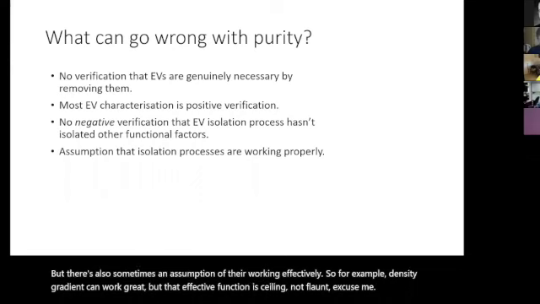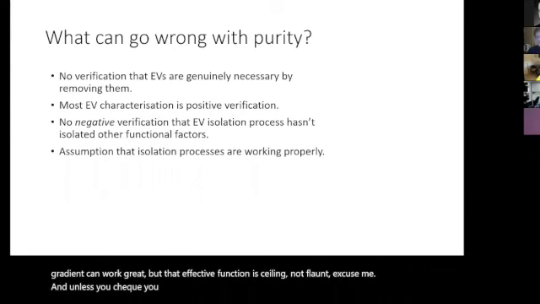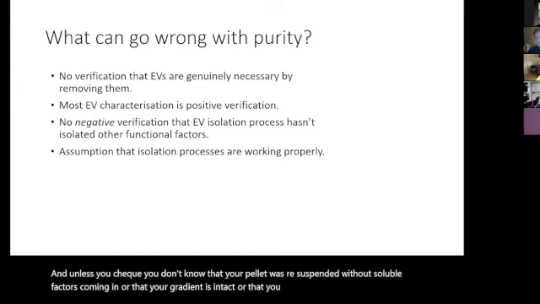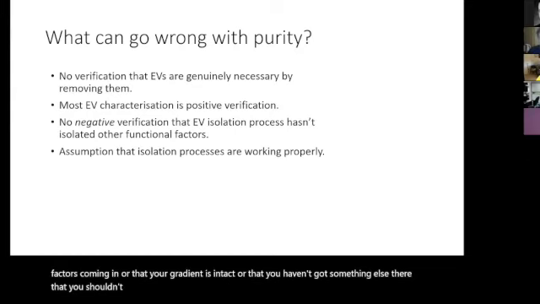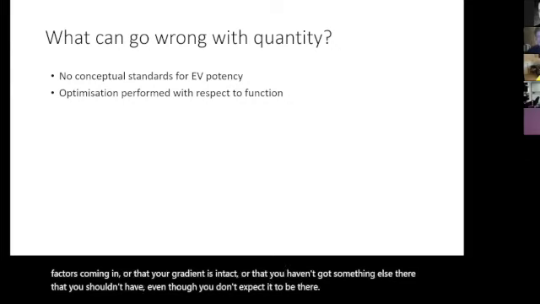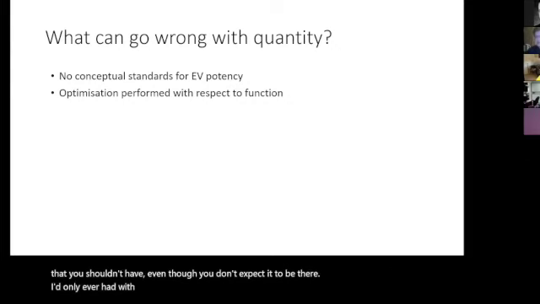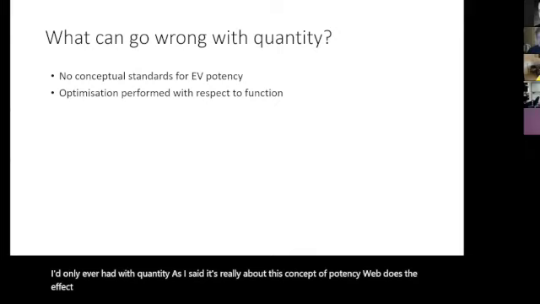And unless you check, you don't know that your pellet was resuspended without soluble factors coming in, or that your gradient is intact, or that you haven't got something else there that you shouldn't have, even though you don't expect it to be there. And on the other hand, with quantity, as I said, it's really about this concept of potency.